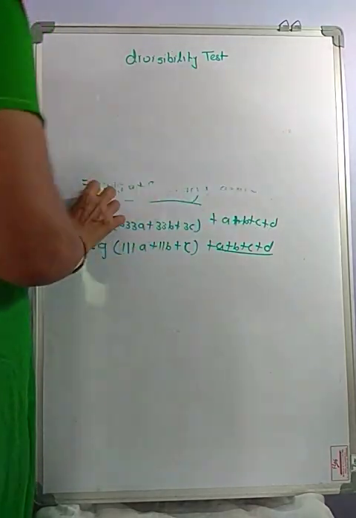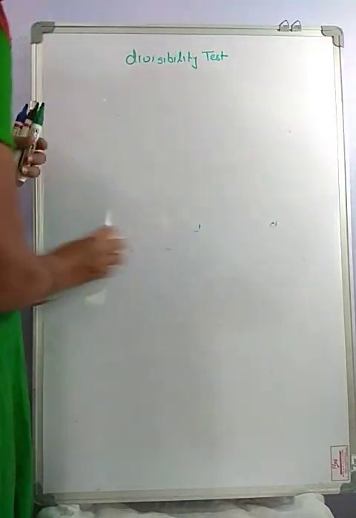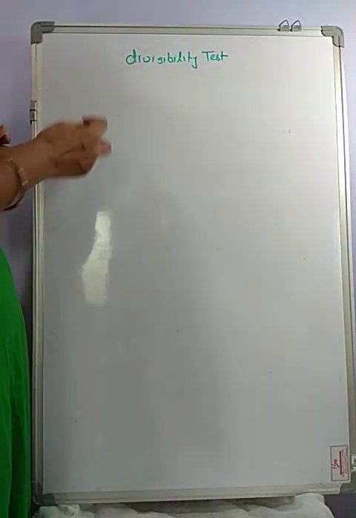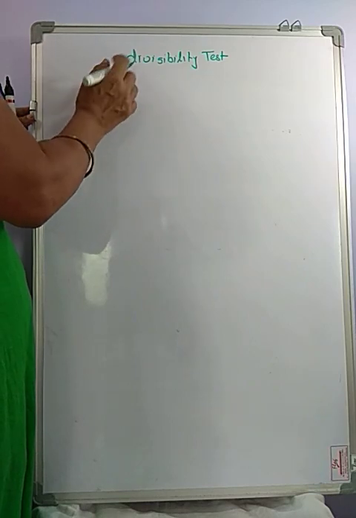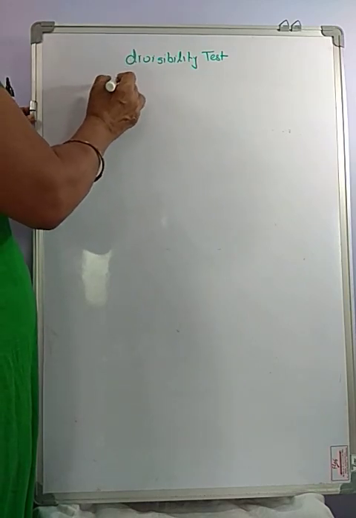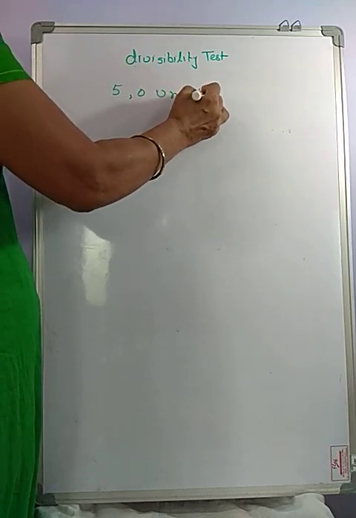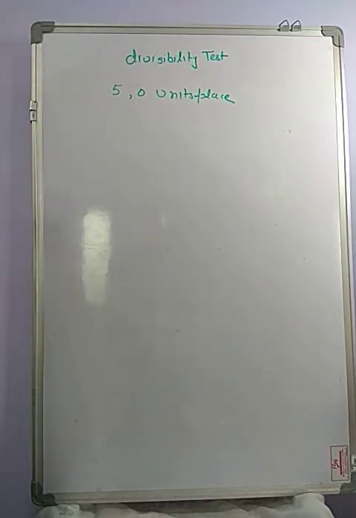Later on, the next test is the test for 5. It can be easily seen that if there is 5 or 0 in the units place, then it is divisible by 5.